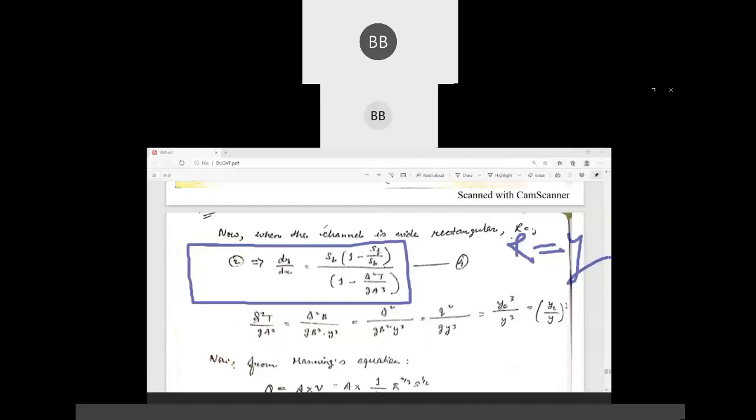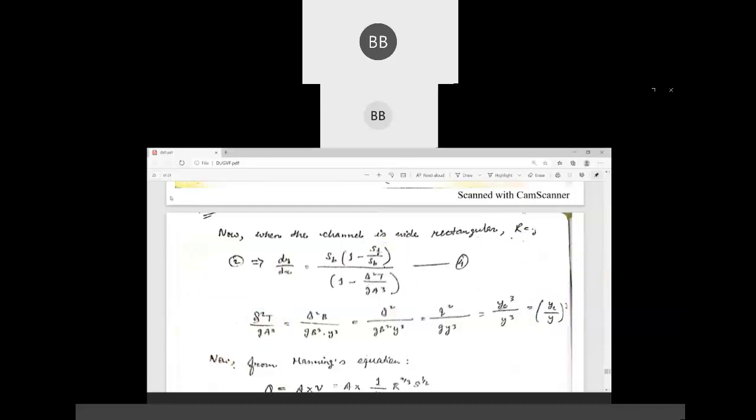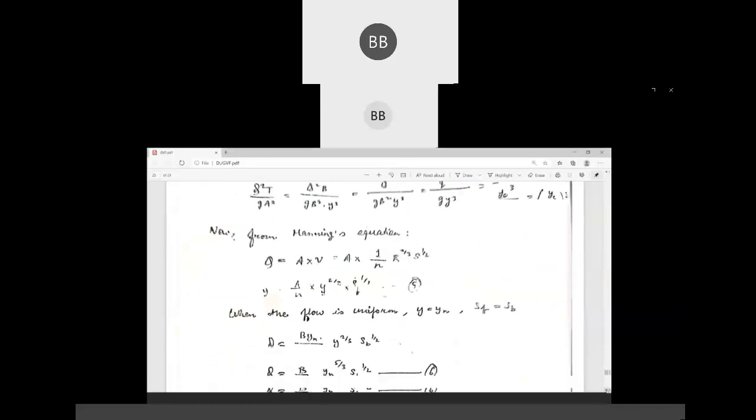Then again Q square T by gA cube, you can modify it using the wide rectangular condition, and you will get some expression, and you can substitute here later on. So depending on the shape and condition, you again modify your dynamic equation. Depends on you.